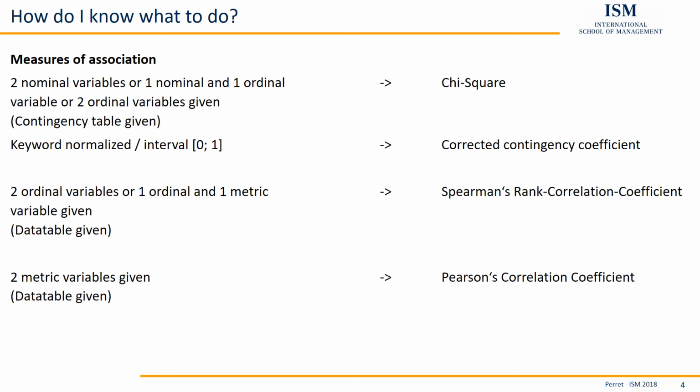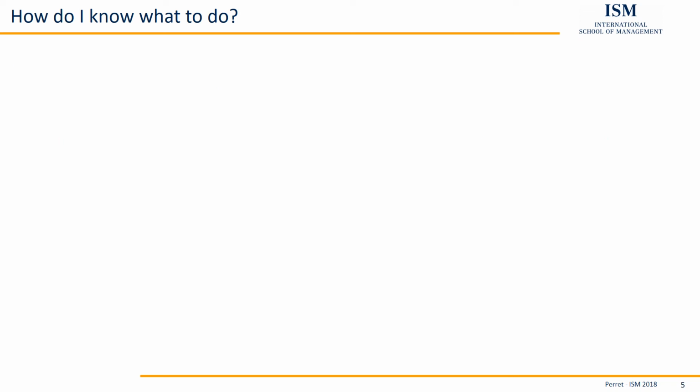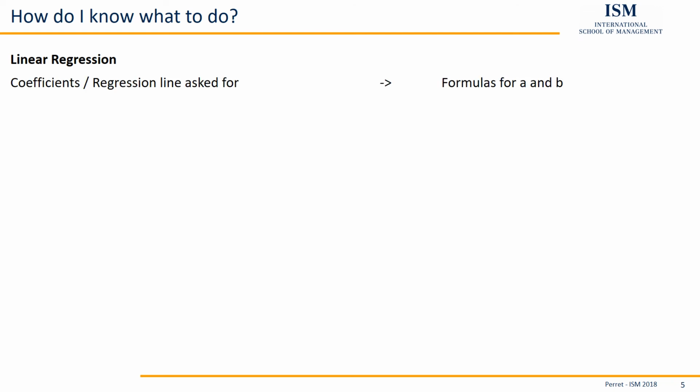Okay, this then already is the three, or let's say 4 versions of the measures of association. So we are only left with the third and final part. This is on linear regression. With linear regression, the first question could be about coefficients. Coefficients for the regression line, or specifically you're asked about the line which describes the relationship between two variables.